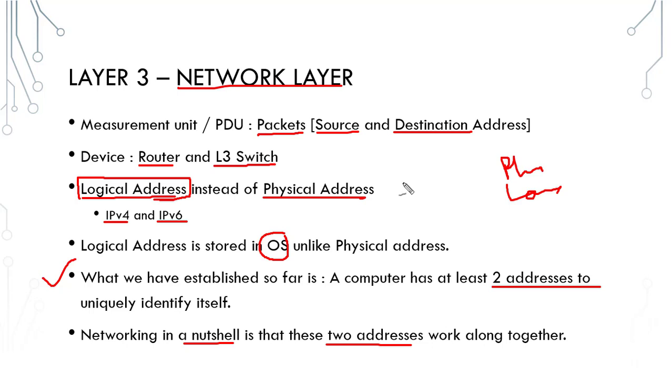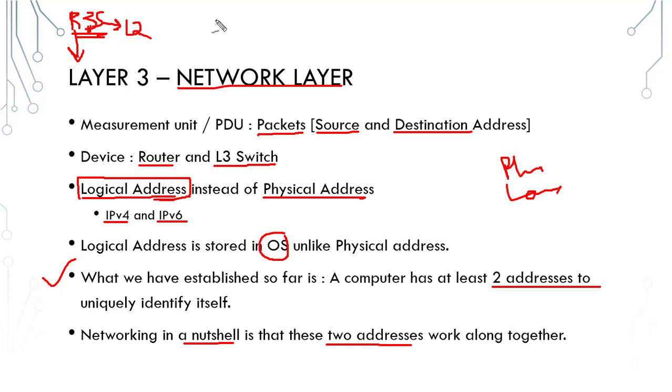Networking is also called routing and switching, as you must have heard in the names of certain certifications, CCNA routing and switching. Routing is actually done at layer 3 and switching is actually done at layer 2.